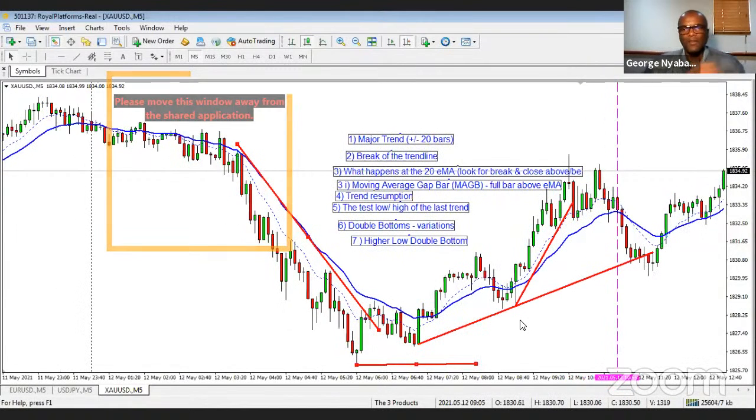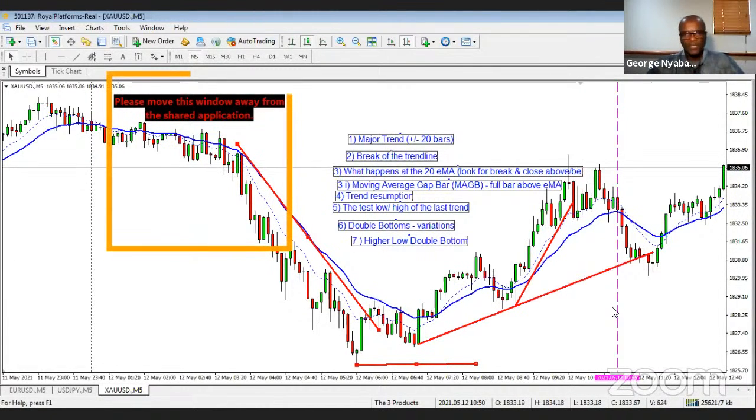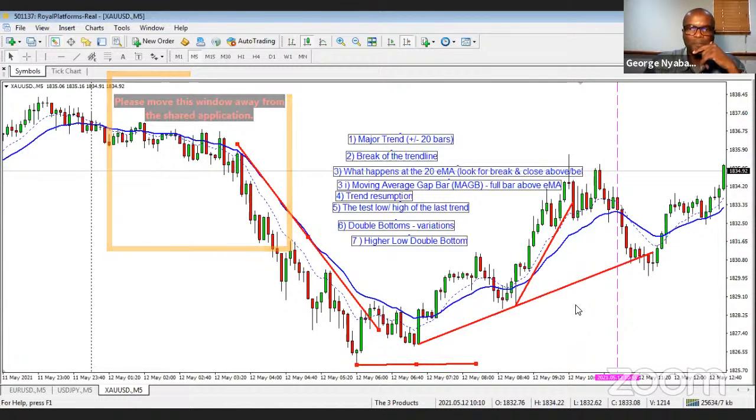Now, if you get a double bottom and the market comes back and gives you another perfect test of that, I'm not trading that. I want to see a higher low double bottom. I want to see the bears resume the trend and the bulls deflect them and create a higher low double bottom. That's what we start to look for, a higher double bottom somewhere after we've seen our double bottom being set up. We now want to see the higher low double bottom.